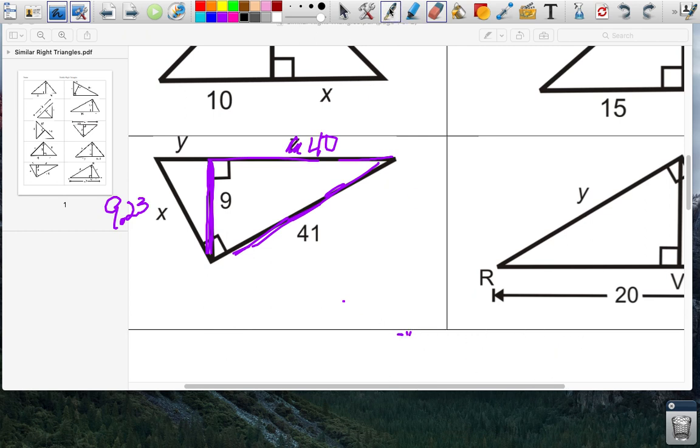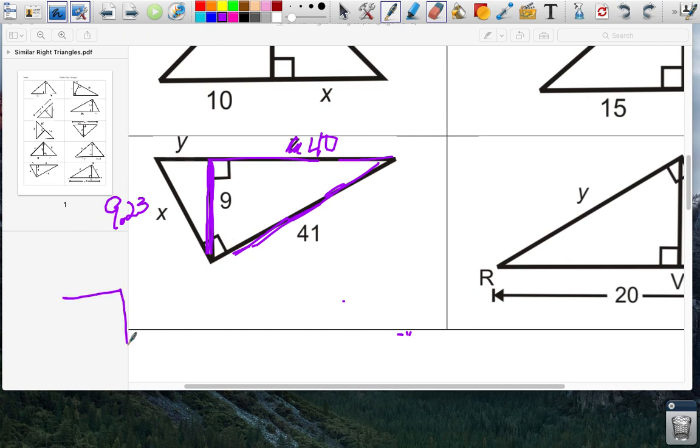So my y value, we're going to use the big triangle. Right, so the big triangle looks a little bit like that. No. We use the small triangle again.